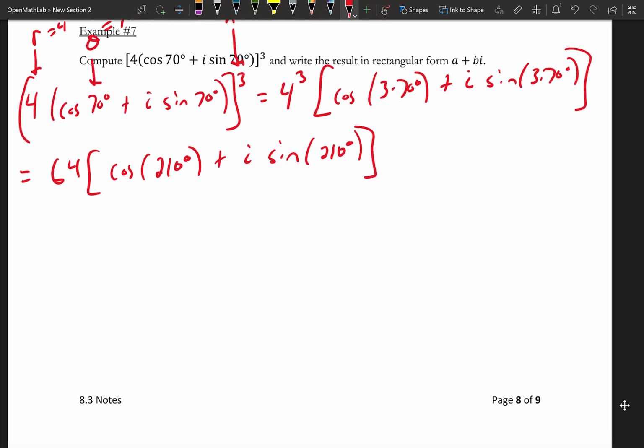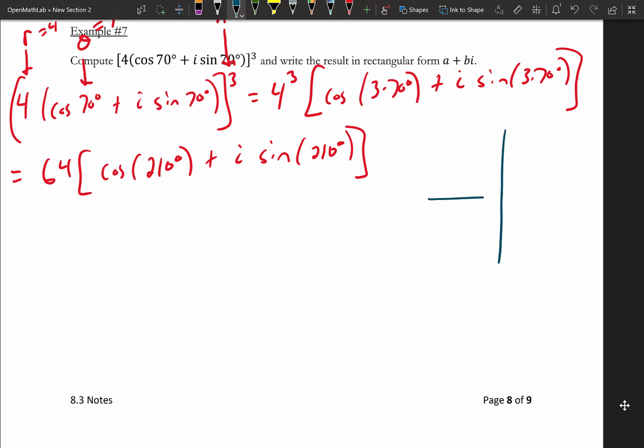To do that, let's draw the coordinate system. 210 degrees is going to be here, and all students take calculus. With 210 degrees, this part is going to be 30 degrees.